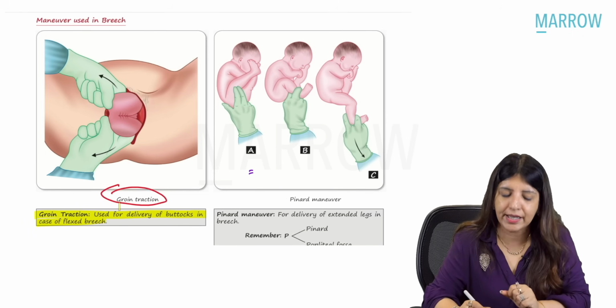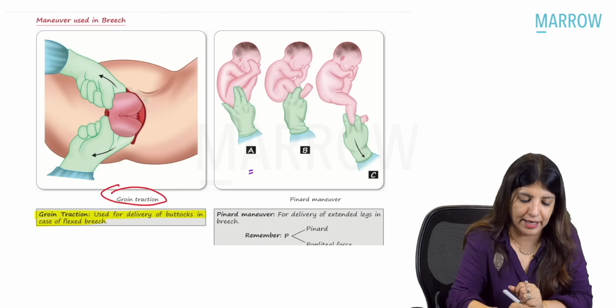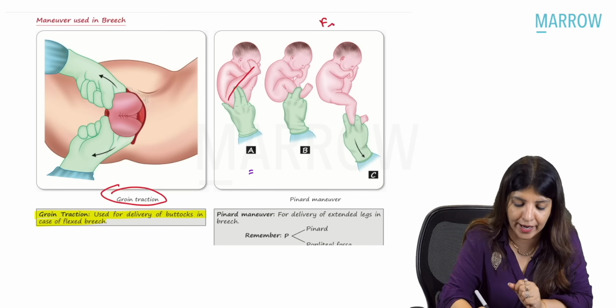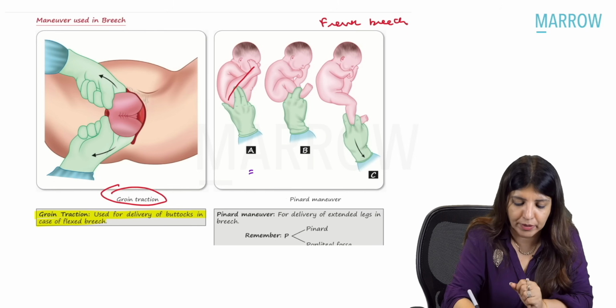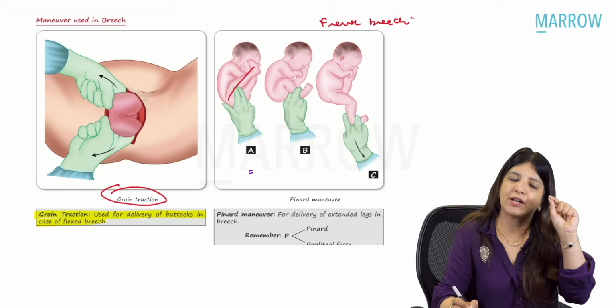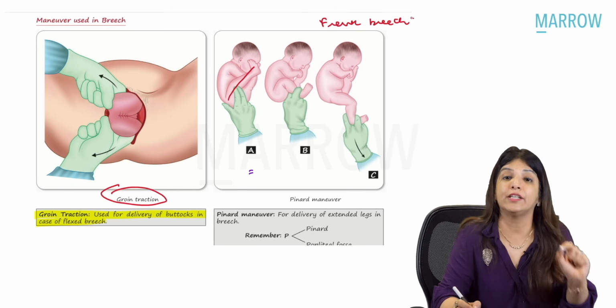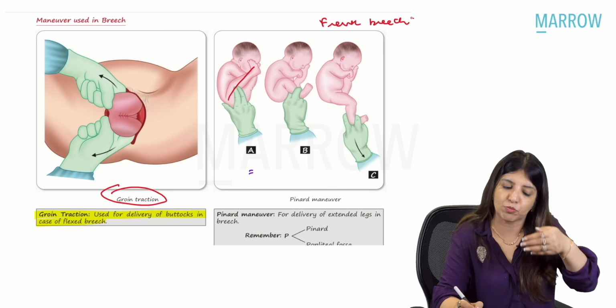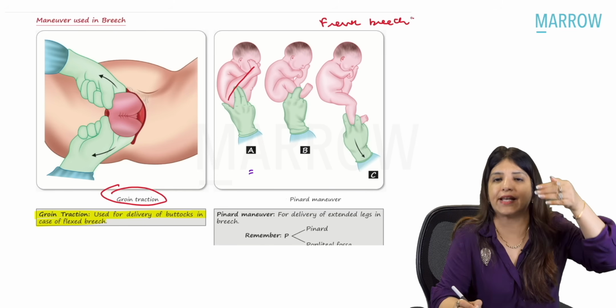In the second image, the leg of the baby is extended, so this is a case of frank breech. Please remember, flexed breech means the hip joint and knee joint are both flexed. Frank breech means the hip joint is flexed but the knee joint is extended.